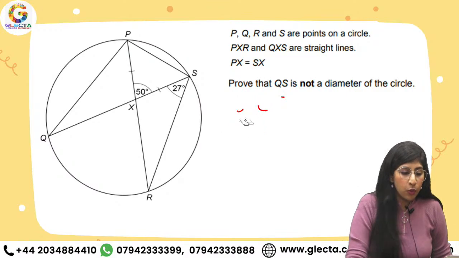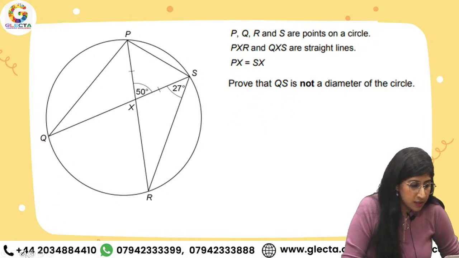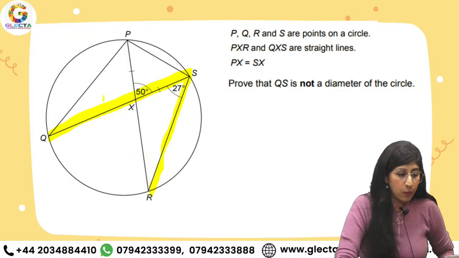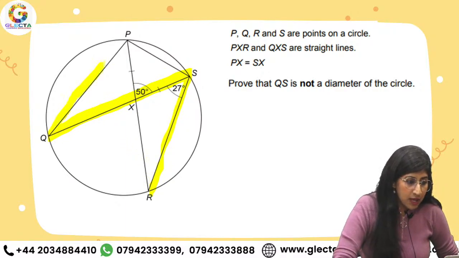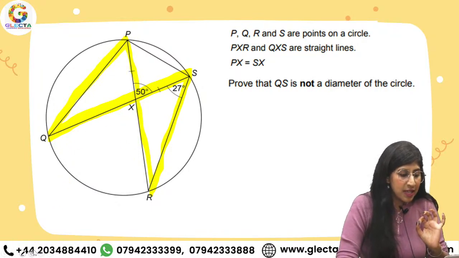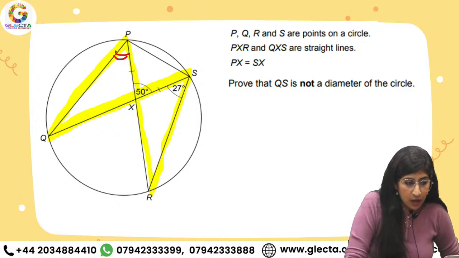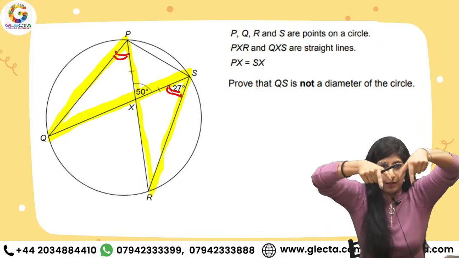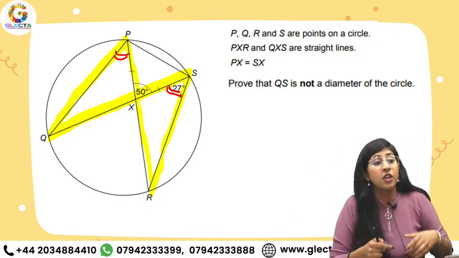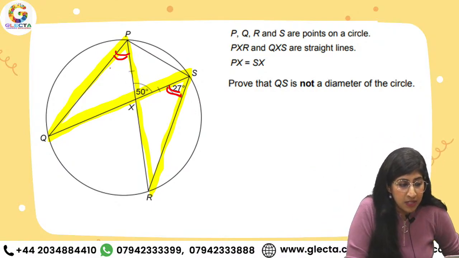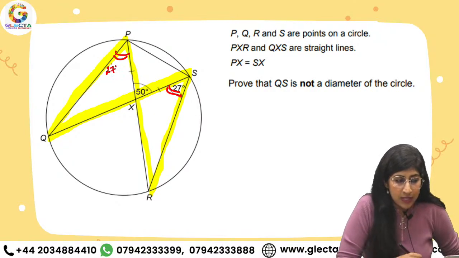Over here, arc QR subtends angle QSR, and similarly it subtends angle QPR. In this yellow part that I have highlighted, these two angles would be equal. That means this angle comes out to be 27 degrees.